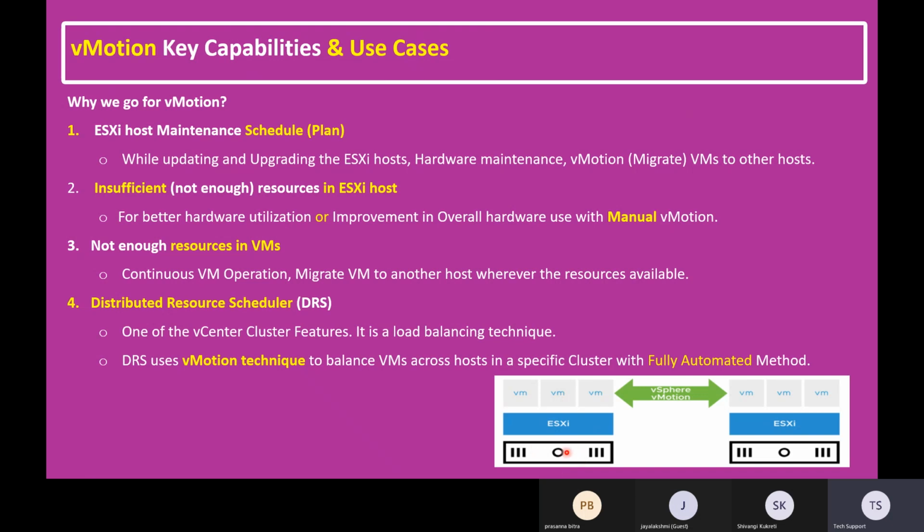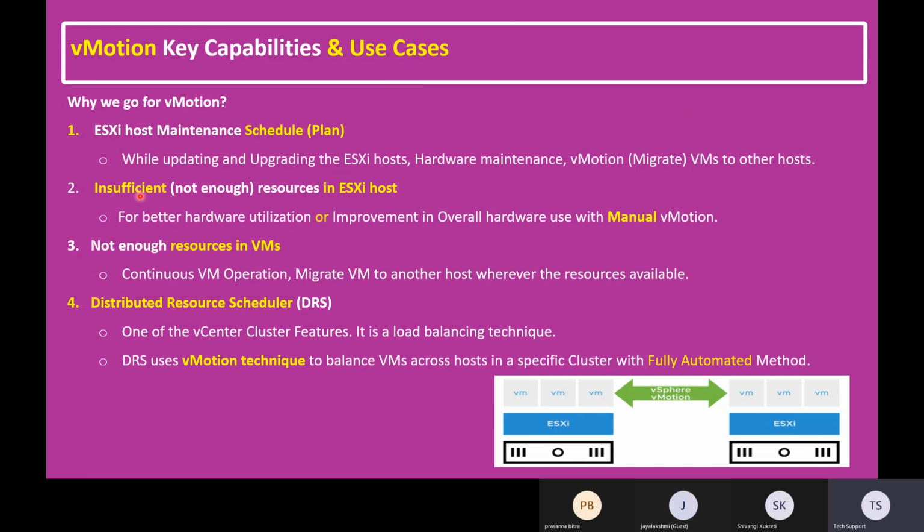You can perform maintenance at the host hardware level, or at the ESXi host operating system level. So during these scenarios, we recommend migrating virtual machines to another host. Okay, this is the one scenario.